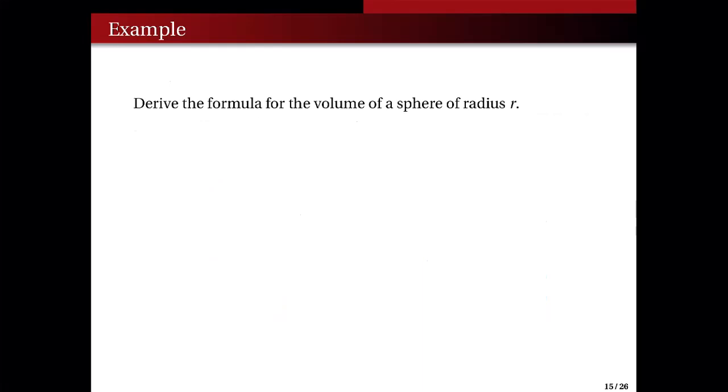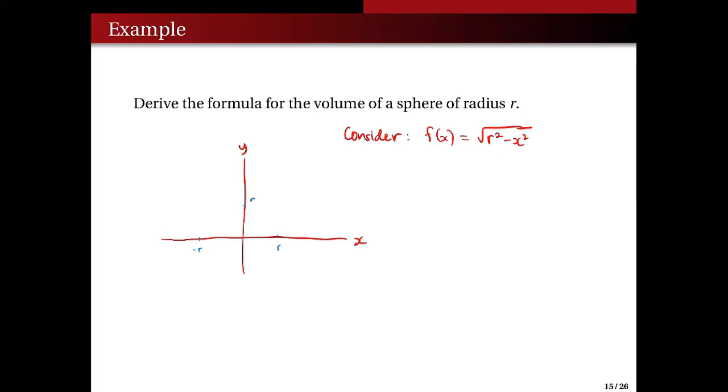So let us sketch. This is your x, this is your y, and consider the function f of x. This is equal to square root of r squared minus x squared. So this is negative r, this is r, this is also r.